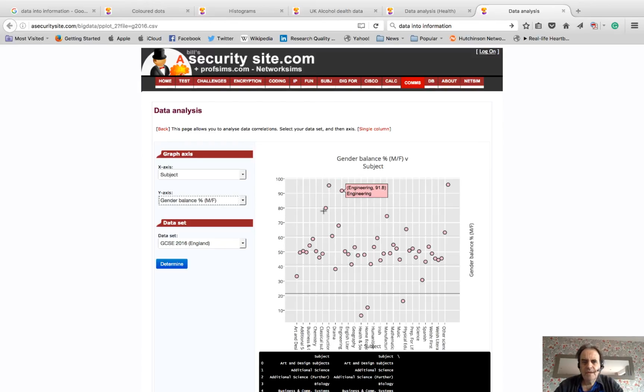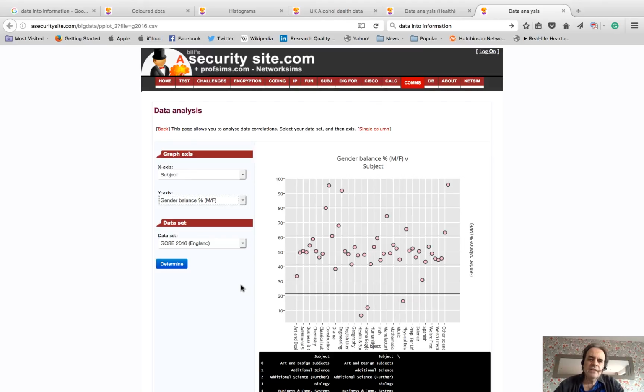Okay, so again a rollover is interesting, so we can see these are the male orientated subjects, goes down to the 50% here, and then these are the female focused subjects, or there are more female pupils here than there are male.